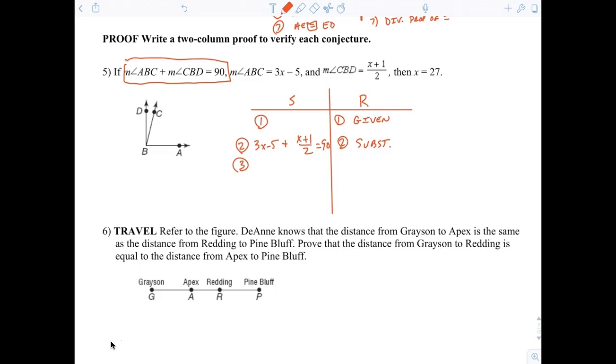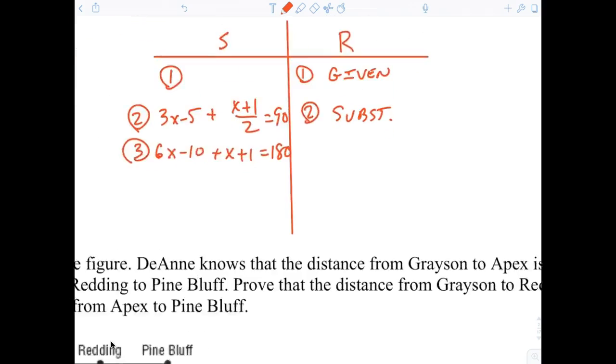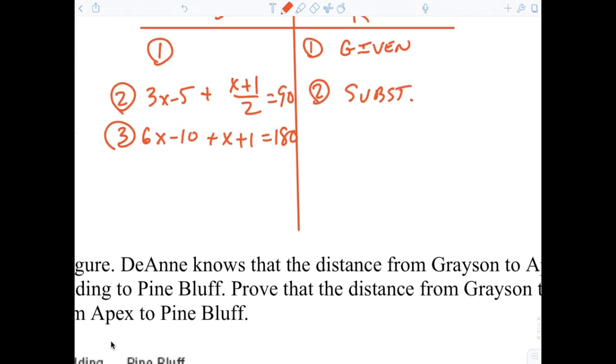Step 3, she said, was 6x minus 10 plus x plus 1 equals 180. So your job is to try to now figure out how she got that. Yes, the multiplication property of equality. Yep. Multiplication property of equality.